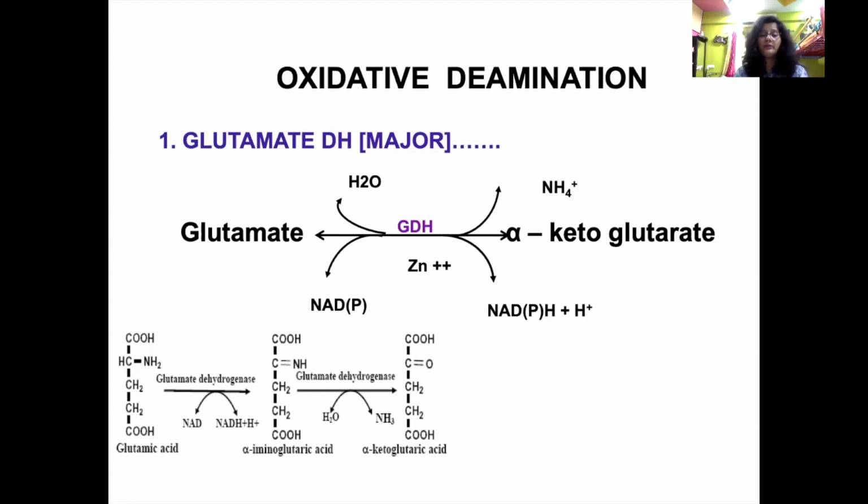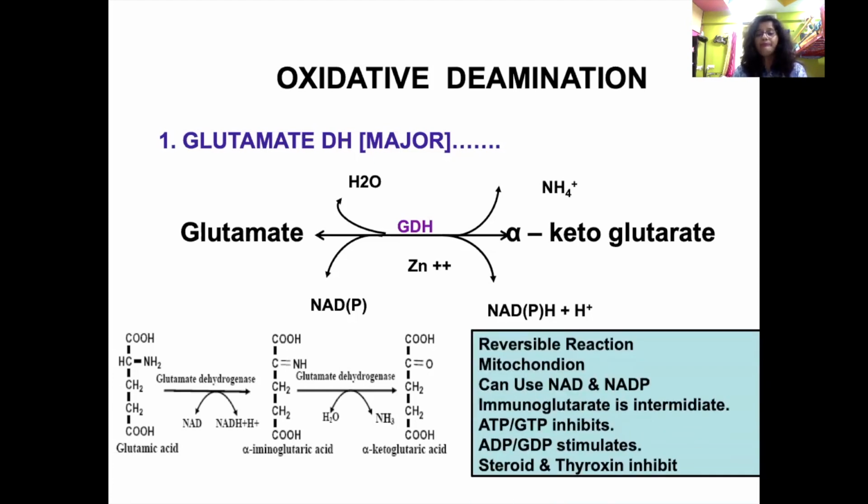Suddenly this intermediate loses its ammonia, or gives off ammonia, and is converted into alpha-ketoglutaric acid. Now what is the speciality of this reaction? As you can see, this is a reversible reaction, and the direction of the reaction can be shifted to either side depending on the availability of substrate and the availability of ATP.